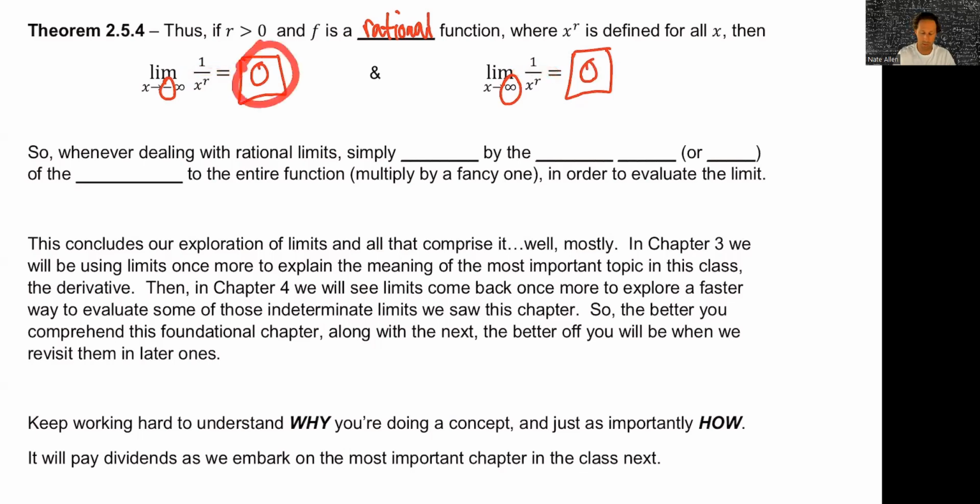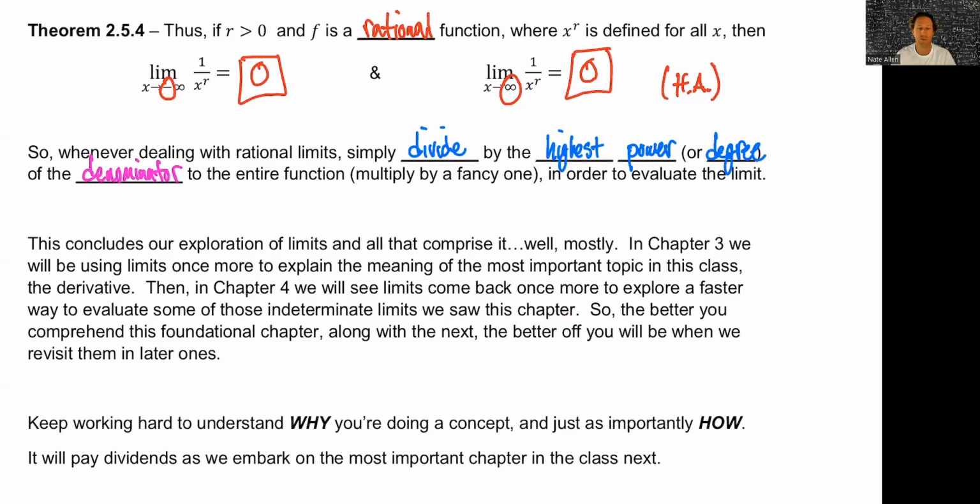So small that, remember, we're going to say it's approaching that value. And again, these will give us our horizontal asymptote. So to generalize, whenever dealing with rational limits, simply divide by the highest power, or we call that the degree. And remember, we're only going to focus on the denominator to make sure that we do not get a 0 in the denominator and make it to where we can't evaluate that limit.